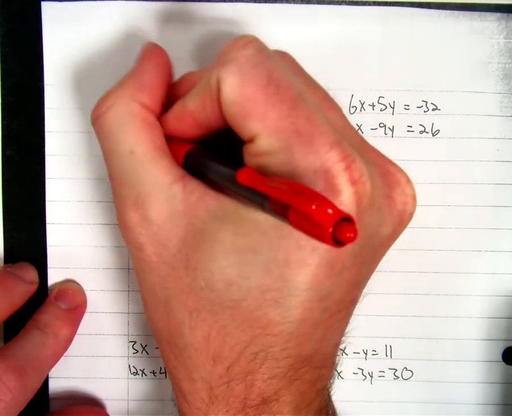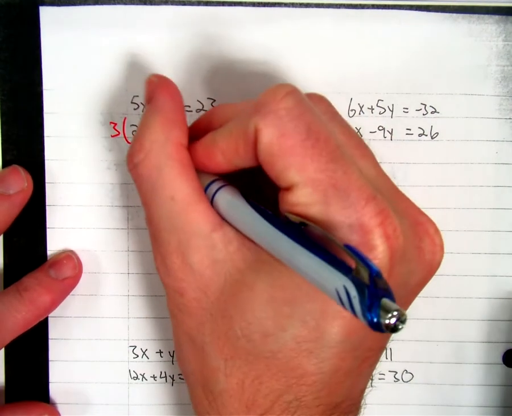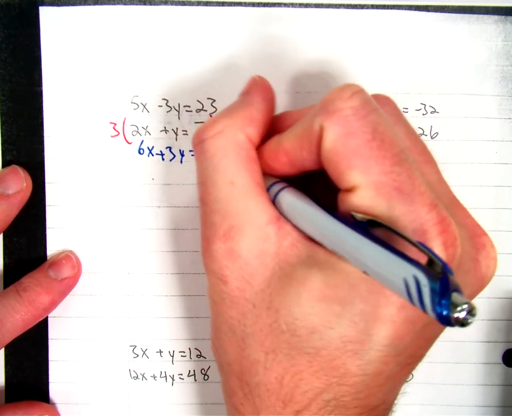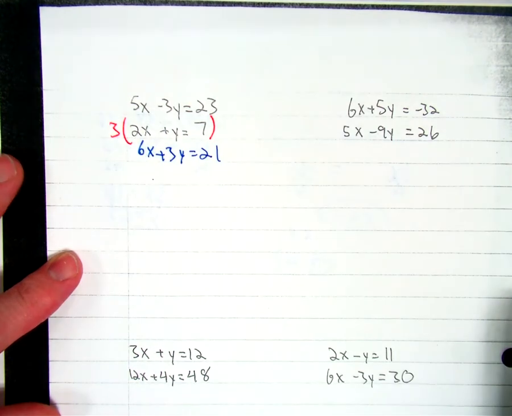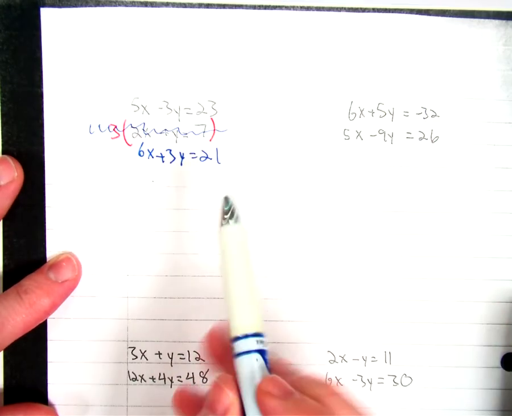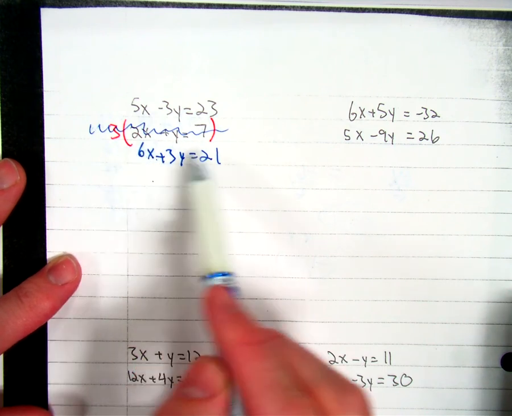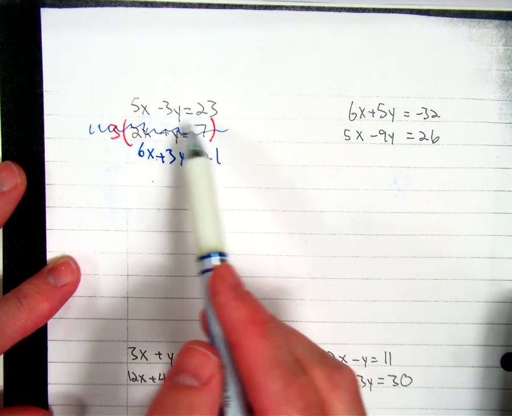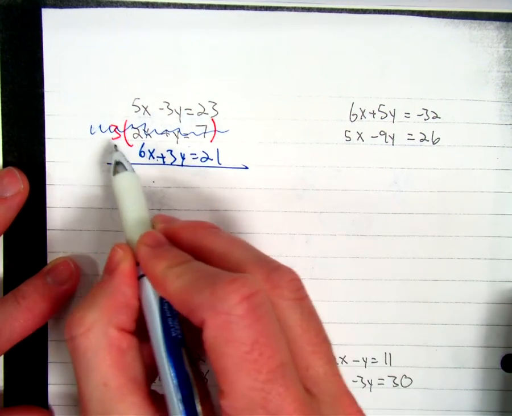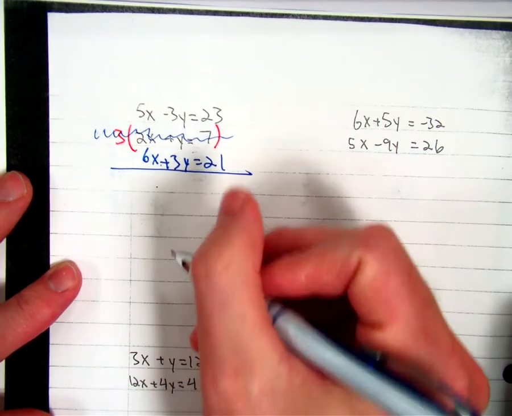Do you see here, if we just multiply this whole row by 3, then we get 6x plus 3y equals 21. Then I'm going to do a little squiggle through this one, so I know not to add that one. But I still want it readable, because that might be the easiest one to substitute back into later on. So you can do one light little squiggle through there. All right, we're ready to add down.